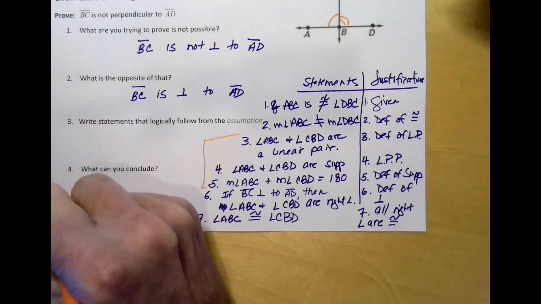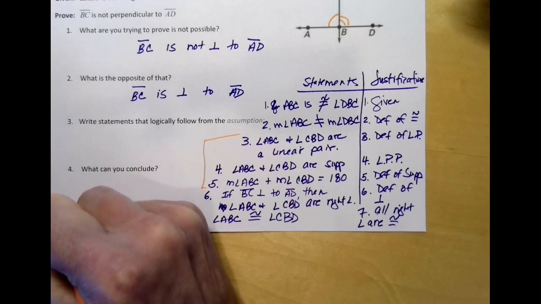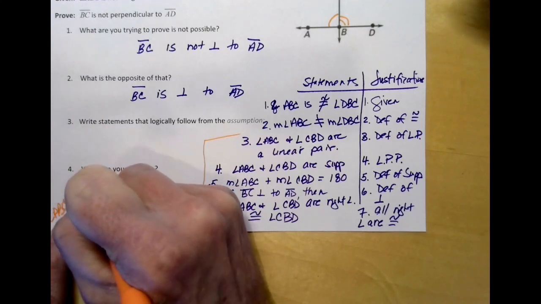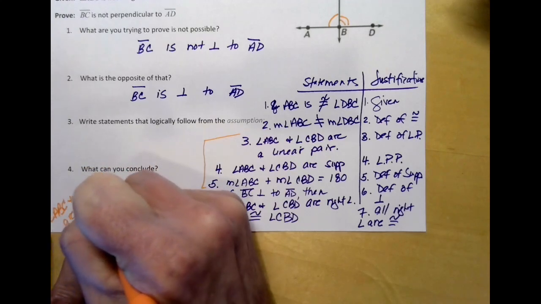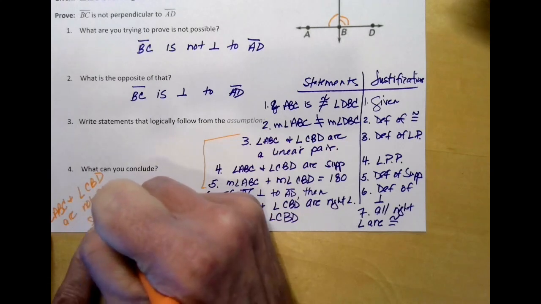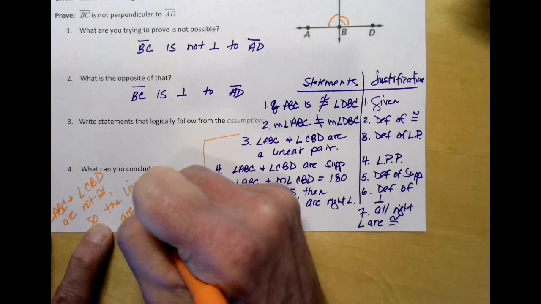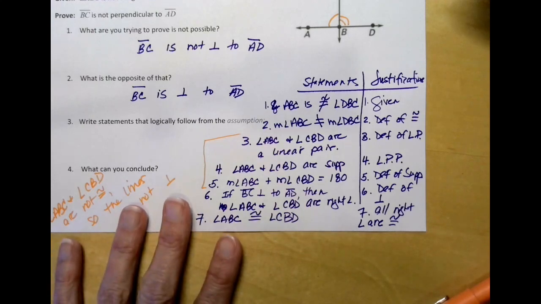Therefore angle ABC and angle CBD are not congruent, so the lines are not perpendicular. Indirect proof. All right, good luck on your quiz.